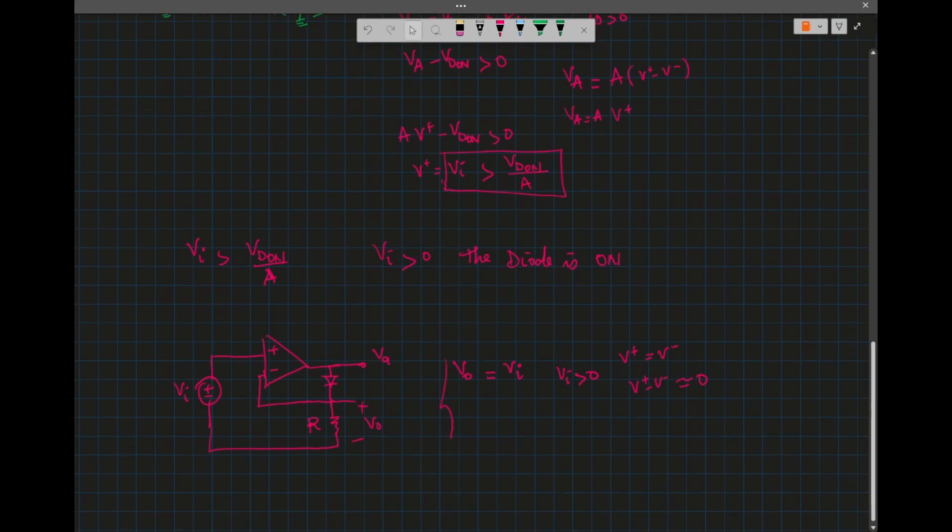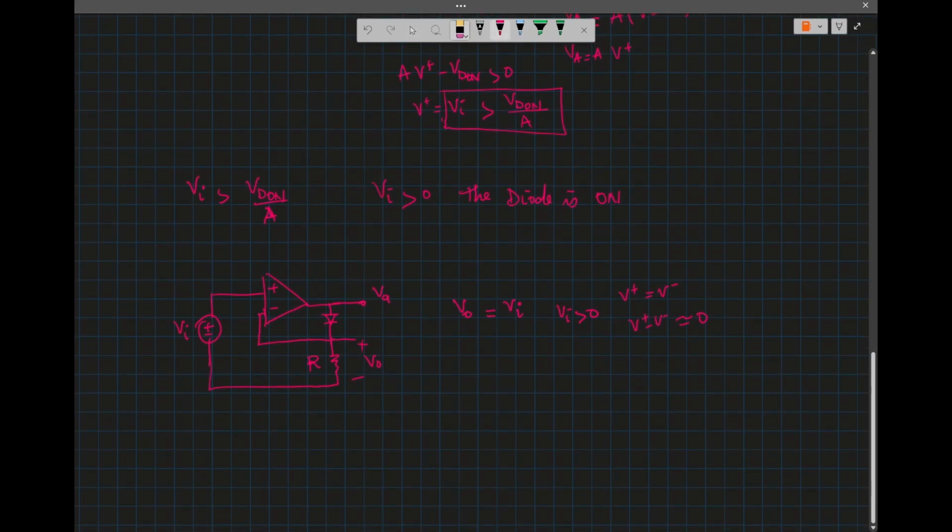And then let's look at when VI is negative. So when VI is negative, then VA, which is A times V plus minus V minus, will be negative.